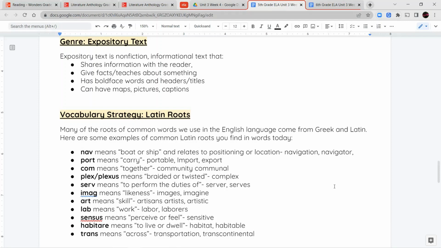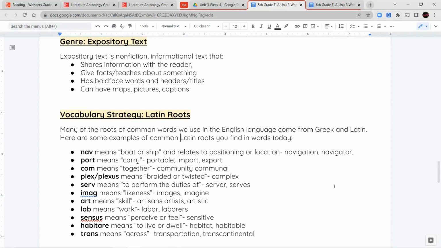Com means together, so like community or communal. Plex or plexus means braided or twisted, something that's complex is like complicated, got a lot of interrelated parts. Serve means to perform the duties of something. So a server or someone who serves others, they're performing some kind of duty in that particular role.